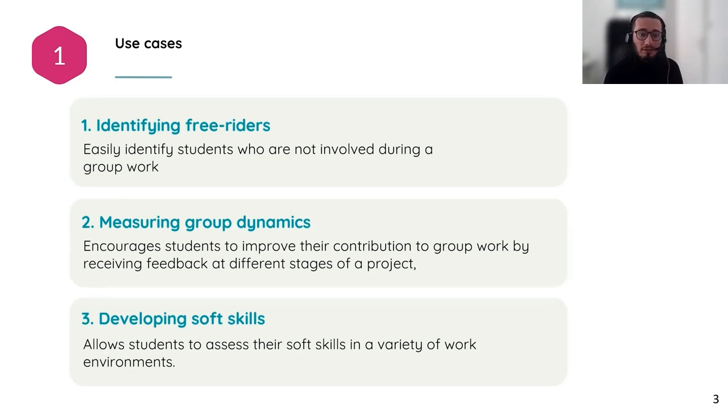The goal of this activity is to allow the teacher to identify them easily by letting the students rate each other on behavioral criteria, like communication within the group, quality of the work done, initiative taking, etc. You can pick criteria from our ChallengeMe database, or you can also create your own criteria. We'll see how it works technically just after.